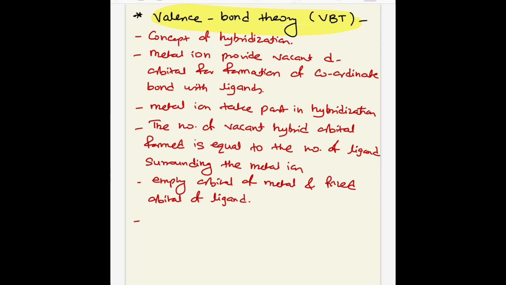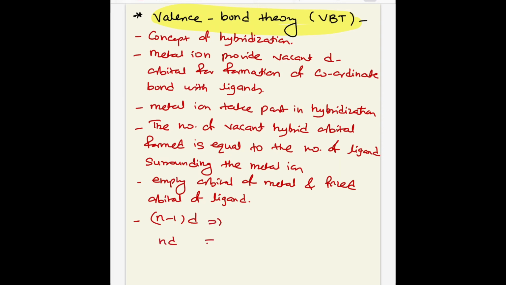The next postulate says that the hybrid orbitals used by the metal ion point in the direction of the ligands. There are two types of complexes: the n-1 d complex and the nd complex.